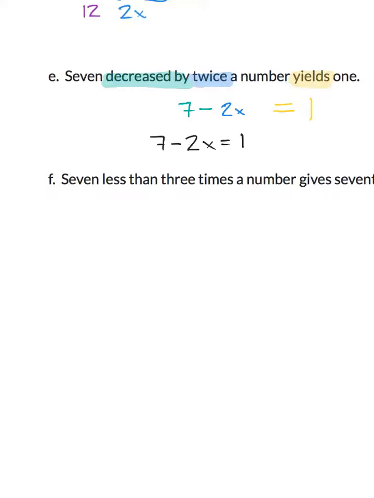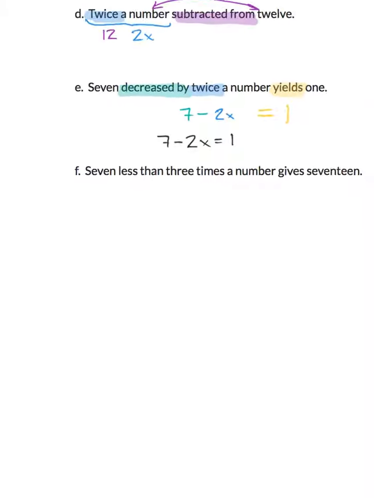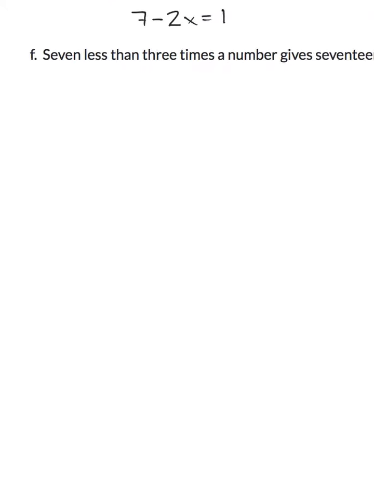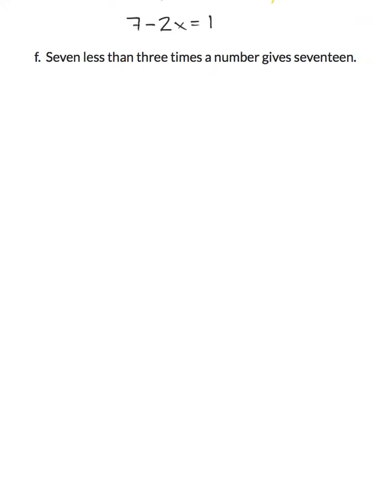Okay, we have one more basic example. We have 7 less than 3 times a number gives 17. So the first thing that I have here is that this is an equation. Here I have the word gives.